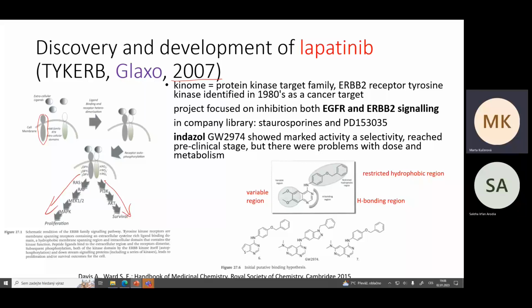So how the lapatinib was developed? It was again known that there is the hydrogen bonding region required. There is some restricted hydrophobic region, and there is some variable region. Below the main structure, you can see the particular compounds that were tested.